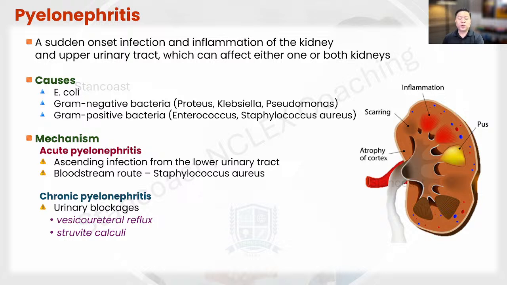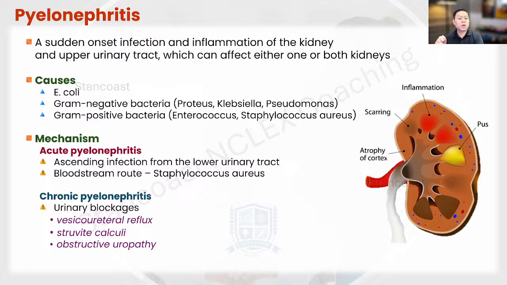Now, lastly, we're going to talk about the obstructive uropathy. This pertains to any condition that can obstruct the flow of urine from the kidneys to the bladder, and can also predispose individuals to chronic pyelonephritis.